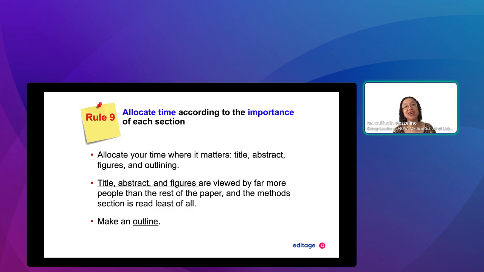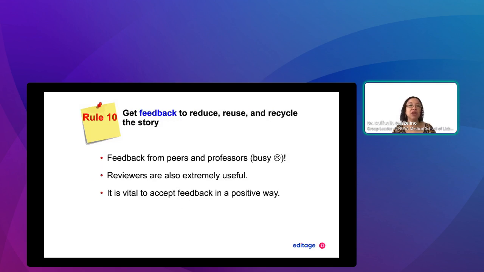So if you start from the very beginning to write in a way that is complete and full of information, it's easy to take what you've written already and frame it into the context of a research paper, and then make an outline.